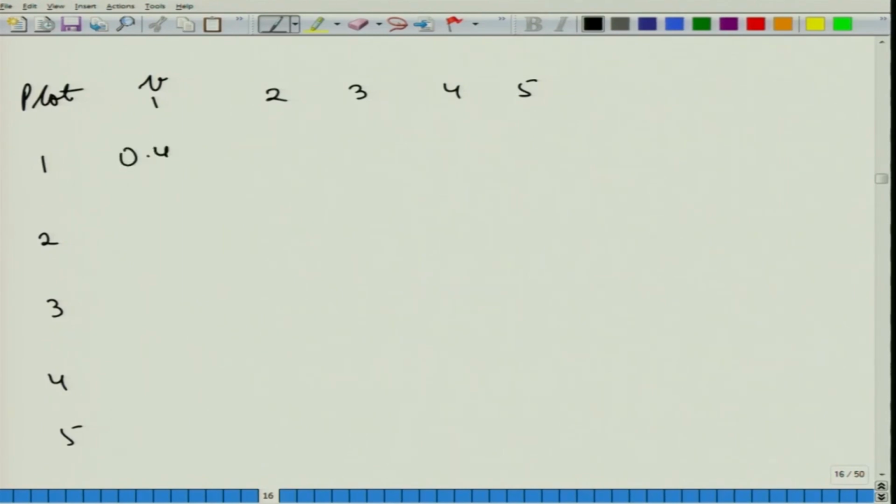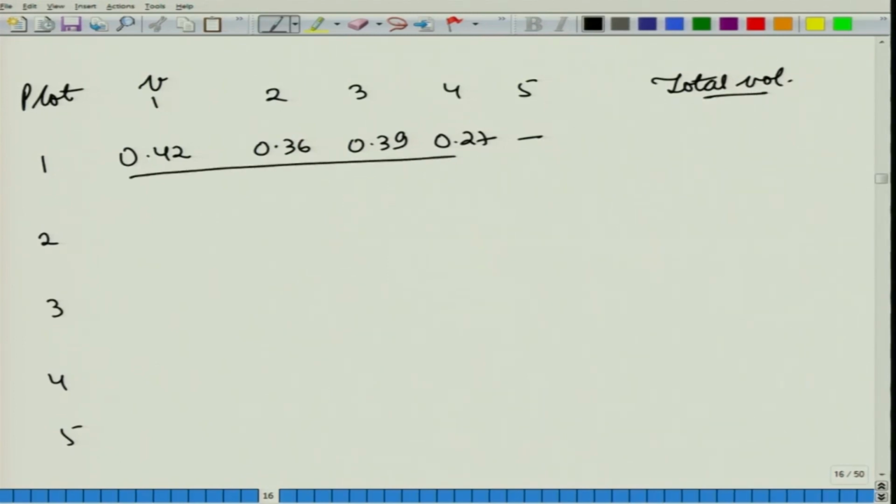Here you have 0.42 cubic meter, 0.36 cubic meter, 0.39 cubic meter, 0.27 cubic meter and this does not have any tree here. So, what is the total volume for sample plot 1? It is given by the sum of these 4 values.